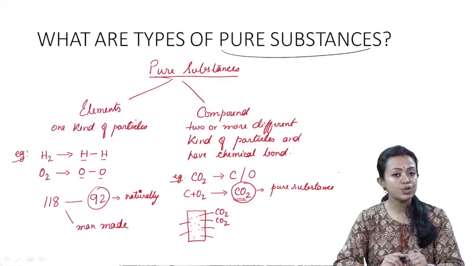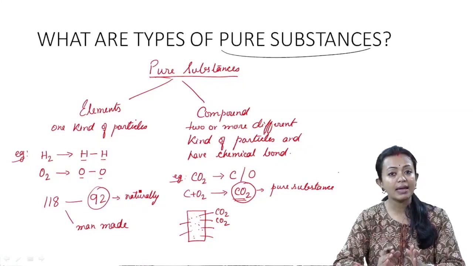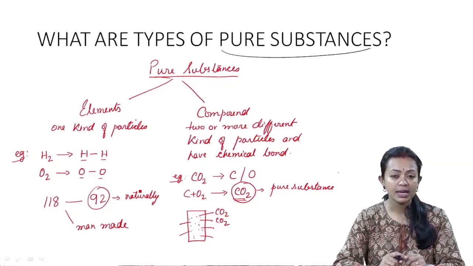Now, when it comes to solid or liquid or gases, the elements are classified into three zones. They are metals, non-metals and metalloids. What are metals? Metals are those which are hard, which make sound. They are very good conductors of heat and electricity. They are malleable.